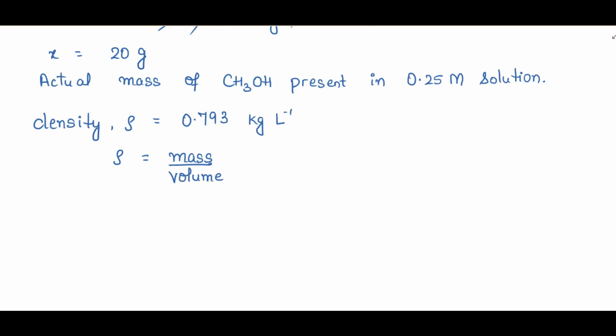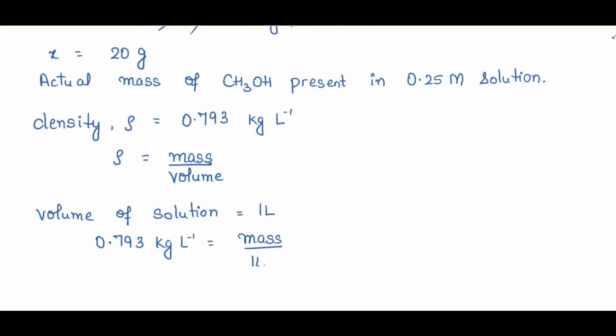Now if we see, the volume of solution is taken as 1 liter, right? So I'll assume volume of solution equal to 1 liter, right? Now let's see the density. So density is 0.793 kg liter inverse equal to mass over 1 liter.